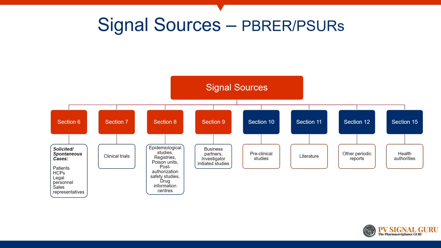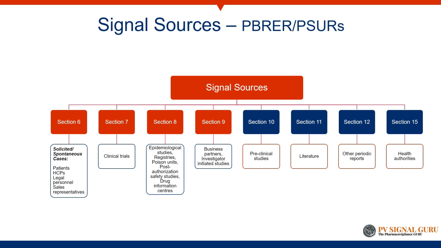Section 11, literature. This section reviews medical and scientific literature, which are a critical source of signals. Section 12, other periodic reports. This section includes other PBRERs prepared by the marketing authorization holder for different indications or fixed combination products.